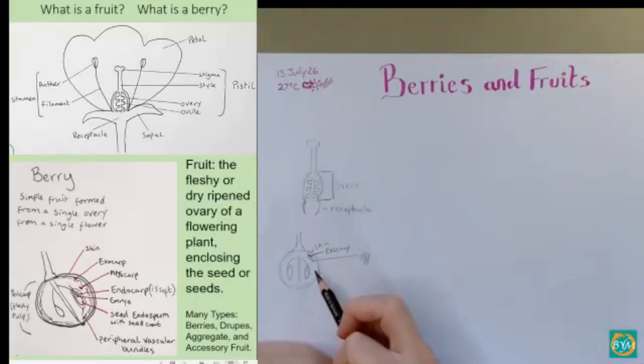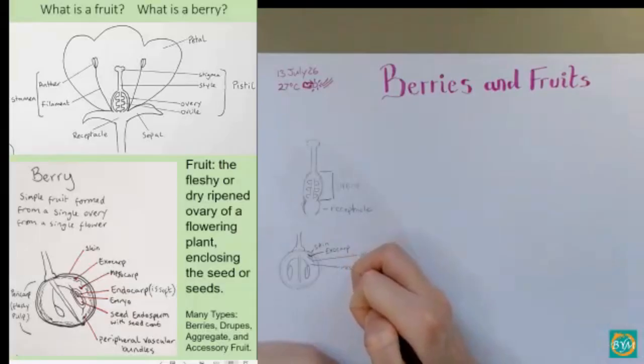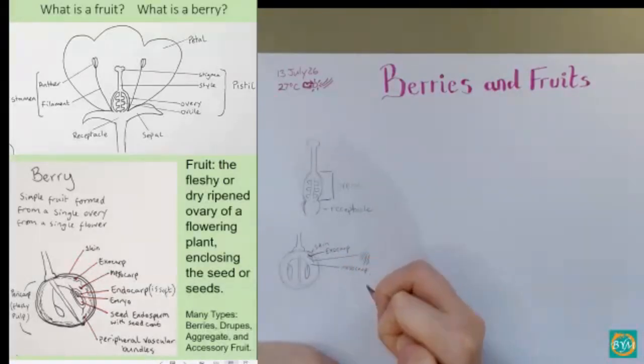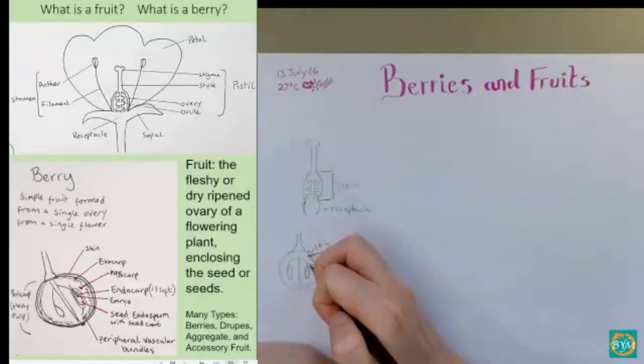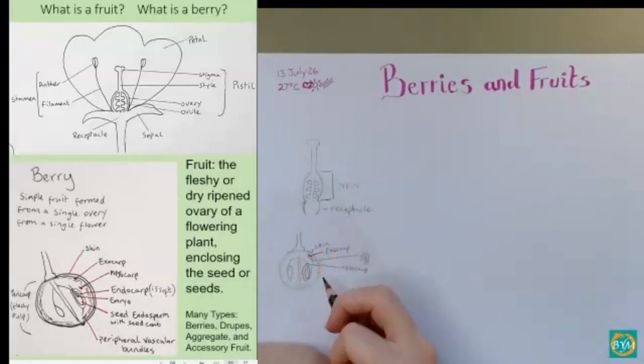And then inside of that, we have the mesocarp. And then inside of that, there is a little structure right around the seed. And this is the endocarp.